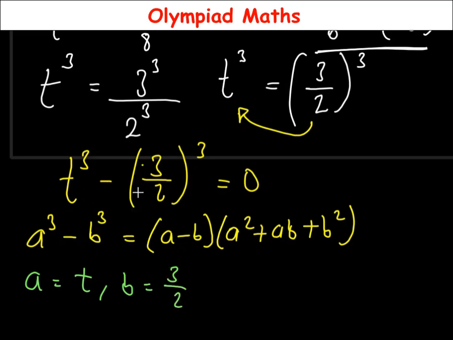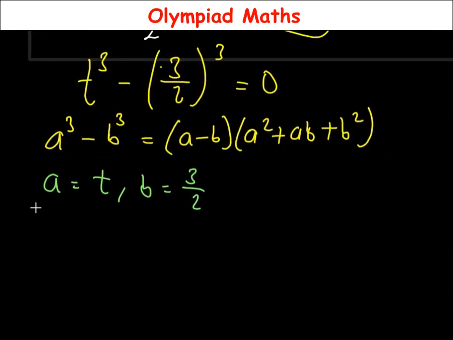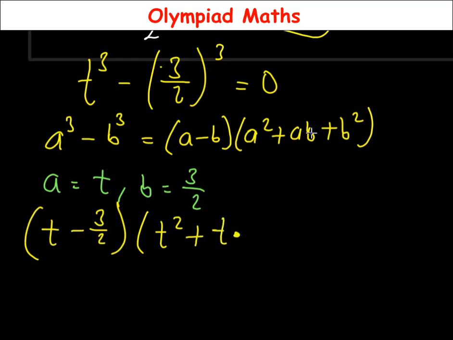So expanding this using this format, we're going to have, in brackets, a is t, then minus b, 3 over 2, multiplied by a squared, that's t squared, plus a is t, then times b, 3 over 2, then plus b squared, that is in brackets 3 over 2 all squared.